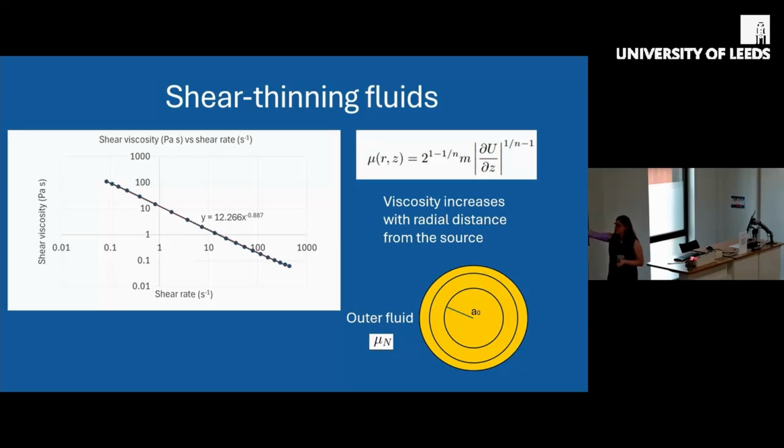So based on the data from the rheometer, we can easily determine those values. So that's really nice. At least when I'm modeling, I don't have to guess what those values are. I actually have some idea about what they correspond to. And again, what we're interested in is really this viscosity that depends on the radius, because as we start off with larger and larger injection radii, the viscosity of that shear thinning fluid is going to increase.